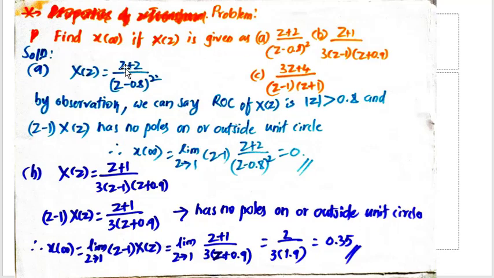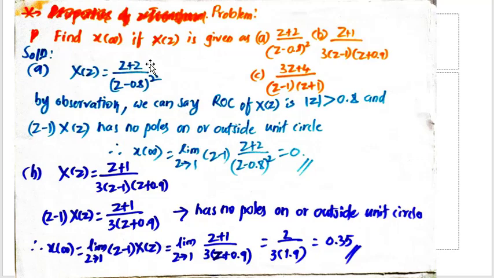For A, X of z is equal to z plus 2 upon z minus 0.8 whole square. X of z is a representation of polynomials, with a numerator polynomial as well as a denominator polynomial. If you solve for them separately, you can get the poles and zeros.